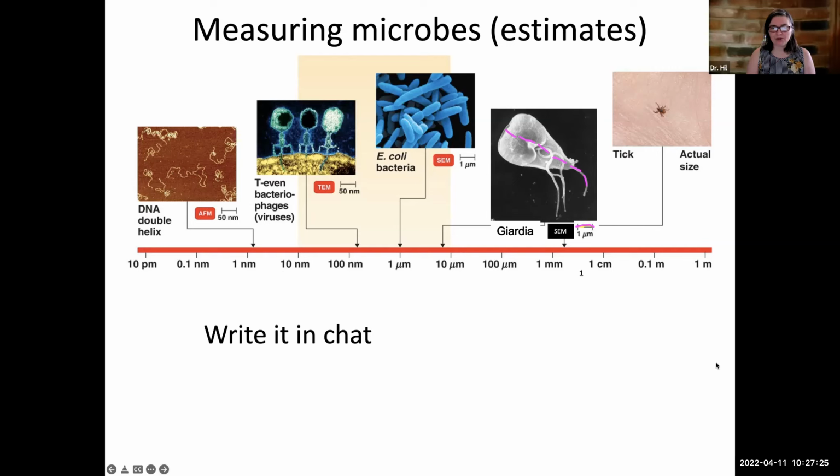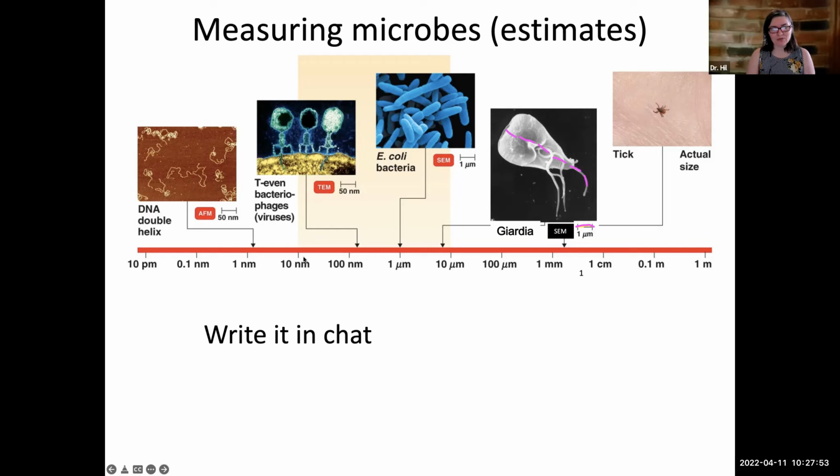When we measure microbes, it's helpful to understand the range of the different scales we're looking at. This red line is a logarithmic scale. What that means is, unlike a linear scale where every evenly spaced region is a predictable amount, like 1, 2, 3, every evenly measured space is 10 times larger than the last one.